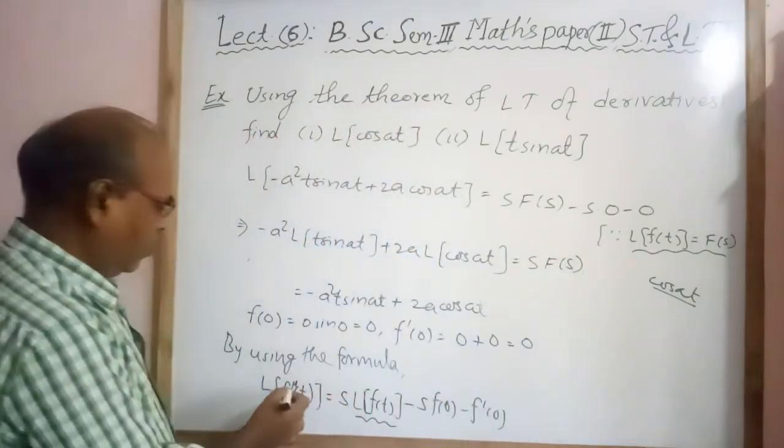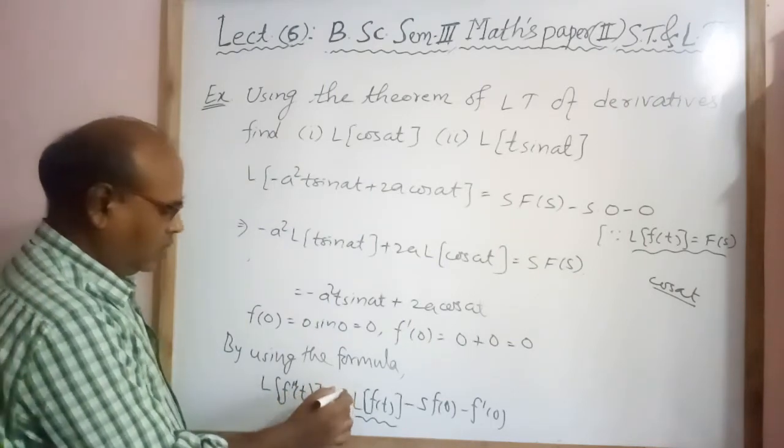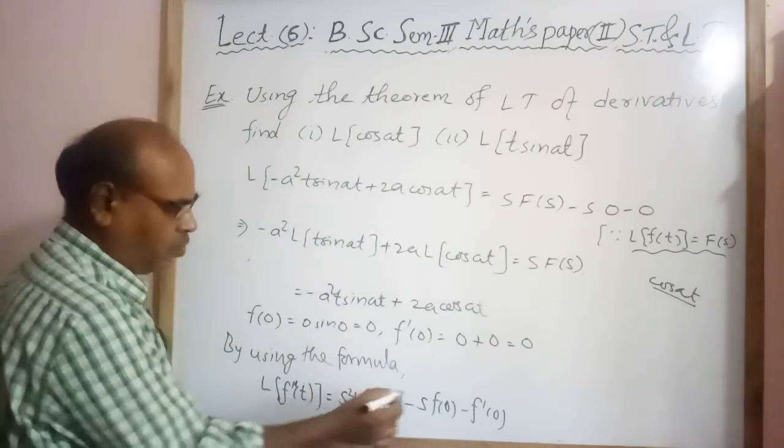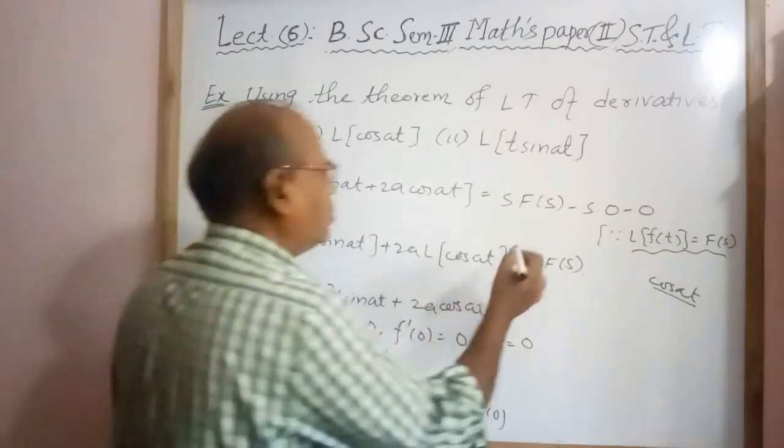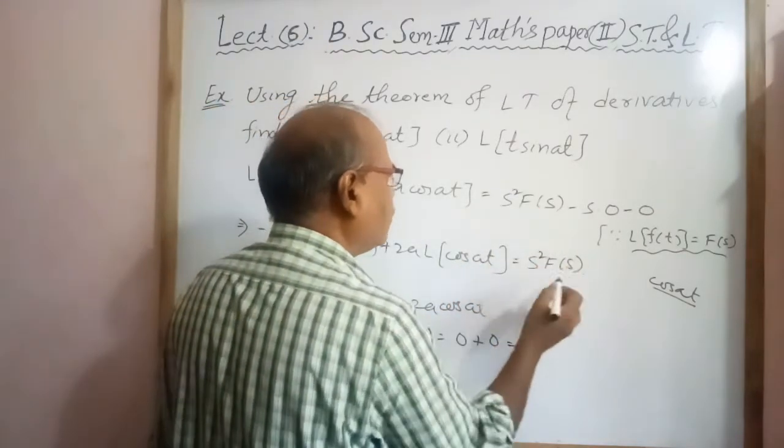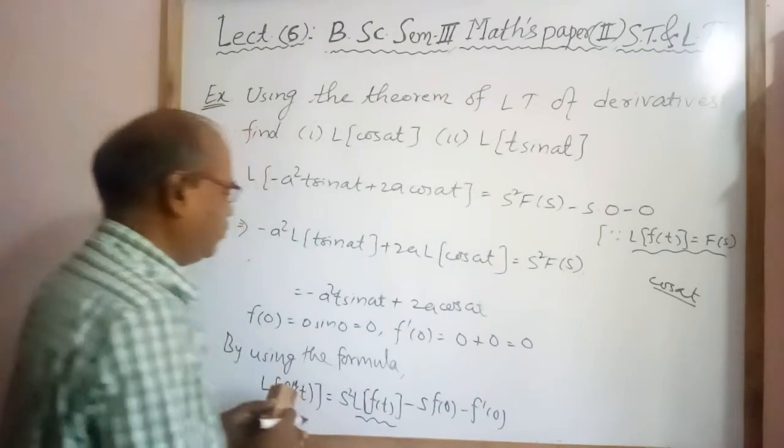Now there is f double dash of t, so there is s square, not s, s square and f dash. Therefore s square into f of s, minus 0.